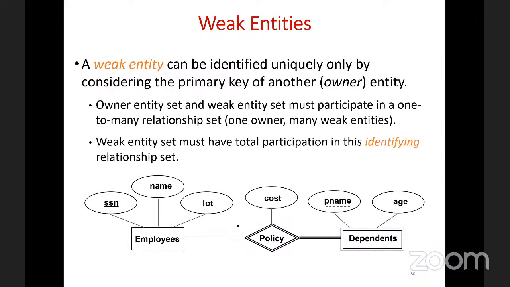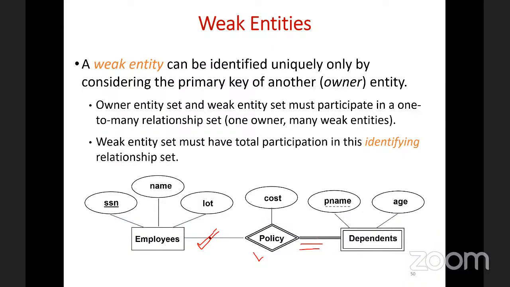Remember always that a weak entity will always have total participation, because every weak entity needs one identifying entity. Without an identifying entity, it can't exist. So see here, the employee participation may be partial, right? Because let us say 20 years before, I may not have had any dependents.